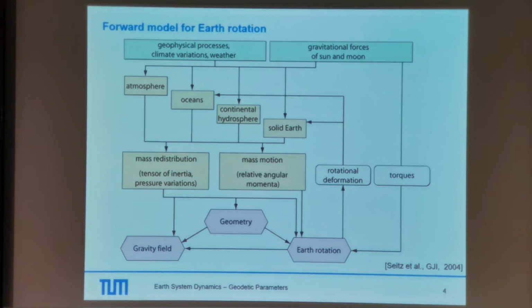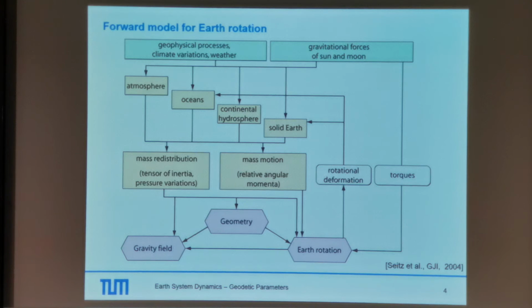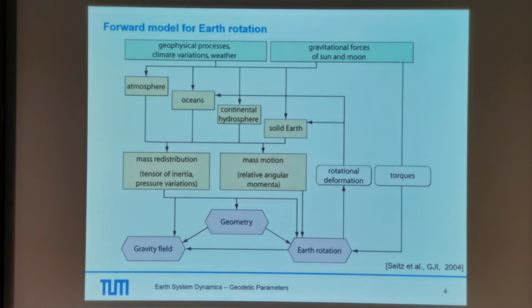But this is something which is not yet understood, not yet modeled, or not yet accounted for in geophysical models. That's why this arrow, for example, is missing. That's a deficiency of this model in terms of completeness, that it doesn't account for this relation between the rotational deformation and the atmosphere.